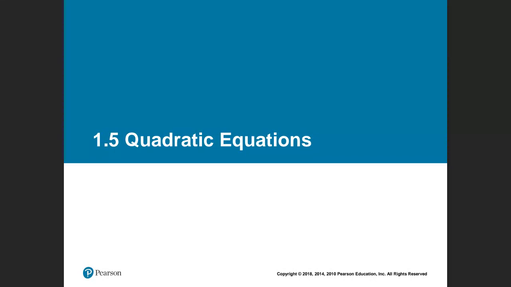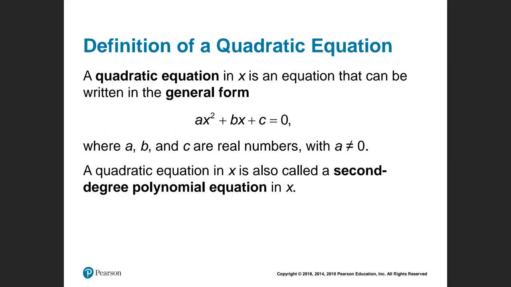Today we will learn about quadratic equations. Definition of a quadratic equation: a quadratic equation in x is an equation that can be written in the general form ax squared plus bx plus c equals 0, where a, b, and c are real numbers with a not equal to 0.